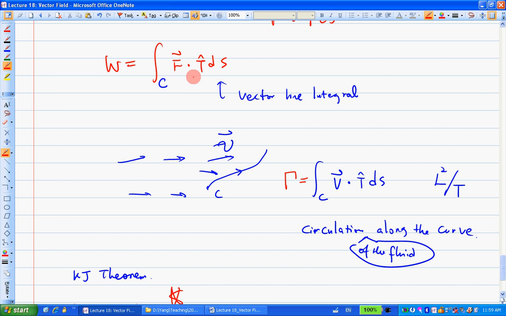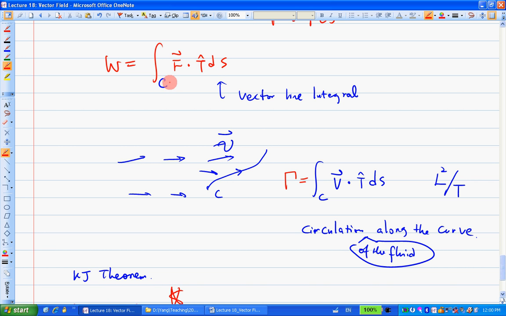So now you look at this one here. First question should be, what do we know? What do we not know? Do we know f? Chances are we know, it's probably going to be given. How about the t hat? t hat is the tangent vector of the curve c.